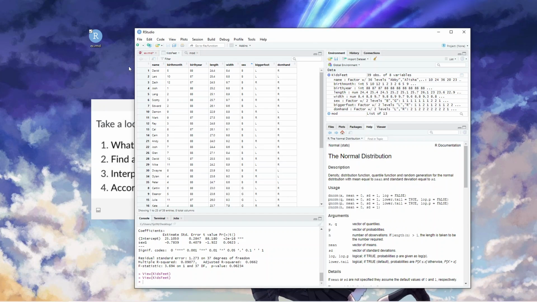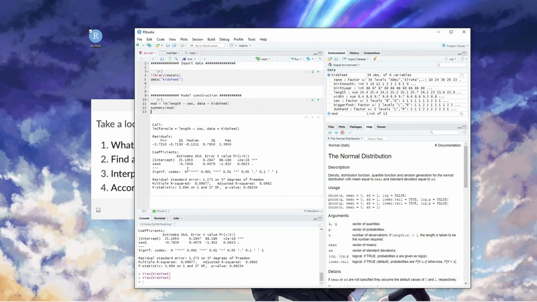What that means is, if the sex attribute is a girl, then you need to subtract this amount from your model. If the gender is a boy, which is male, you don't need to, so the x variable will equal 0.